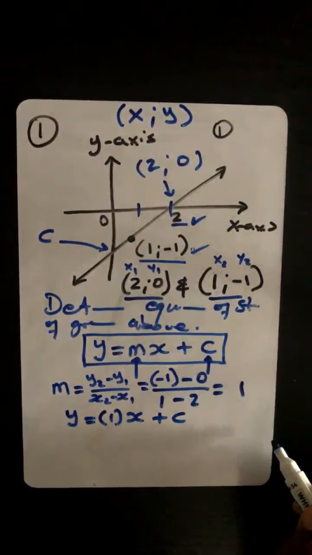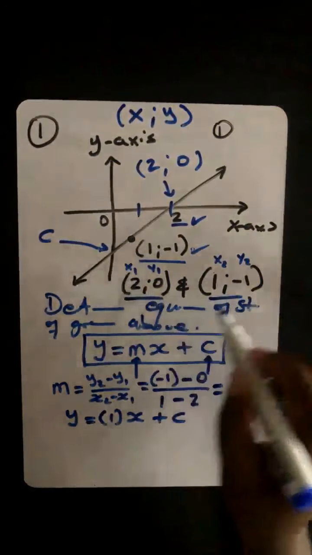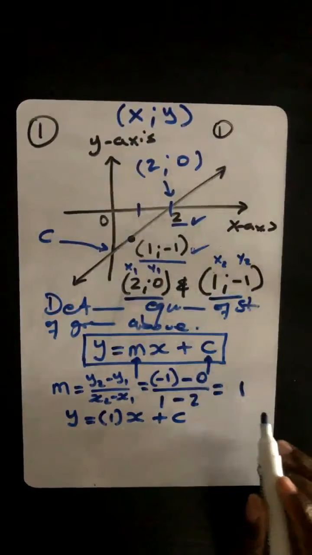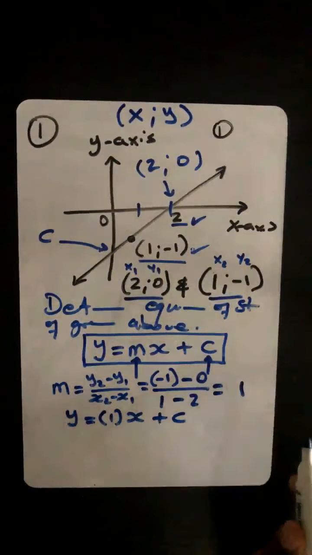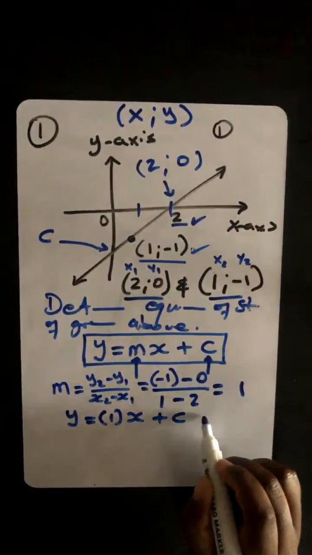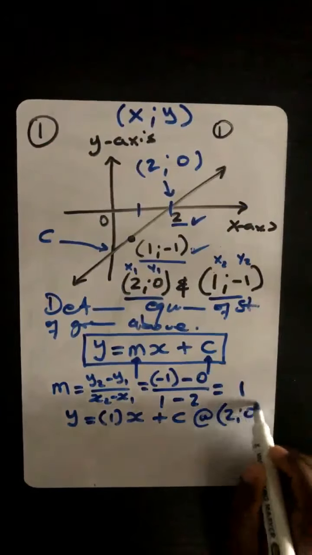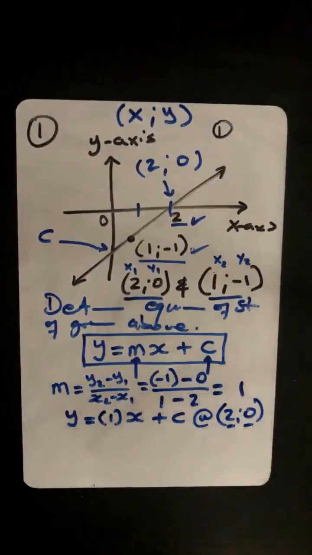So between these 2 points, just use a point which is not that complicated with fractions or negatives. So let's say at that point where x is 2 and y is 0.